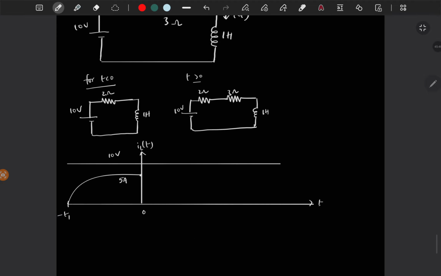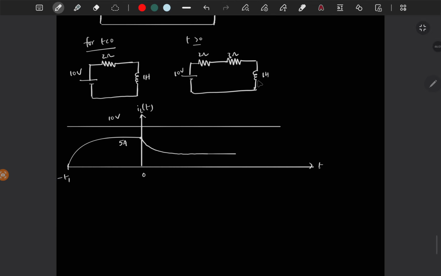The inductor will be short circuited, which is 2 amps. So this will be discharged to 2 amps, and this will stay forever, till t tends to infinity.